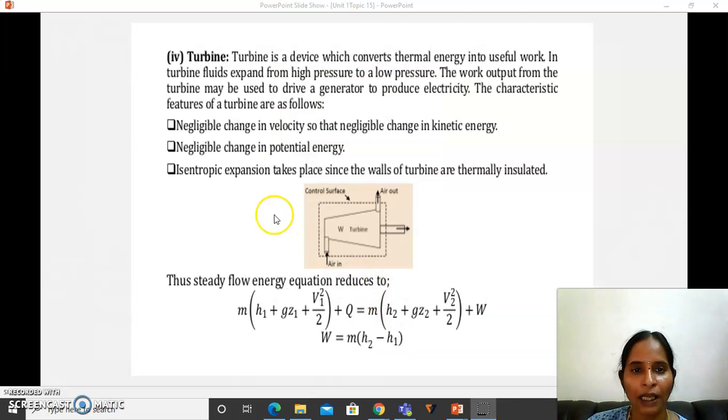A turbine, as already discussed: write the full form of SFE, and this device is particularly designed for getting output. We get the output work by the expansion, or reduction of the heat energy, of the fluid.